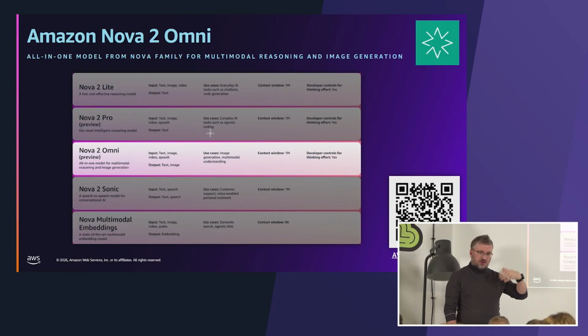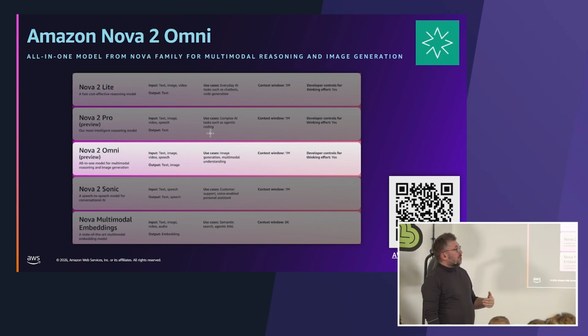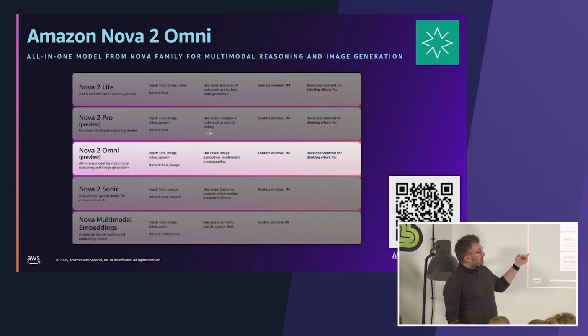For video input, we have a third model. Then we need to somehow combine all of that and produce the output, right? Here, it's one model where you can use four types of inputs and two types of outputs. It can produce text, and it can also generate images. From the reasoning perspective, it has the same capabilities as Nova 2 Pro. Also important to mention that all three models and the next one actually have a context window of 1 million tokens, so pretty much a big context.